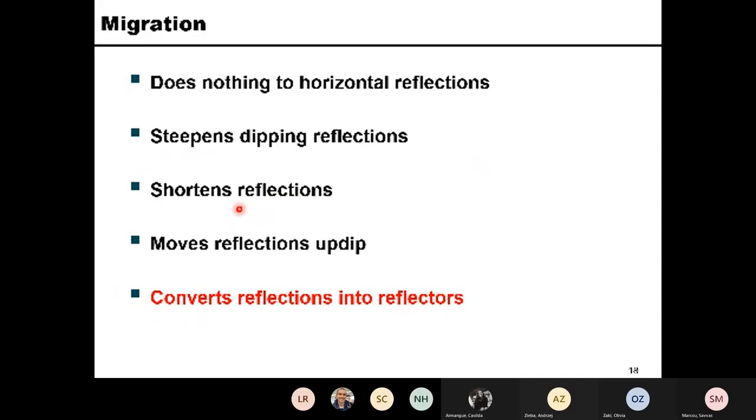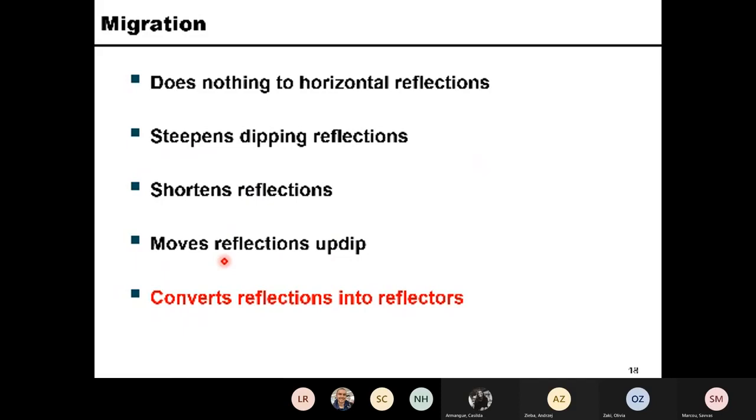I already explained that because of the angle. So the surface CMP distance is actually longer than the actual size of a reflector. Right, and for all dipping events, the reflections always move up dip. That's always, right? No excuse, always move up dip.